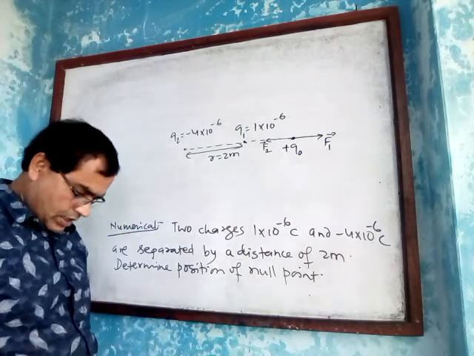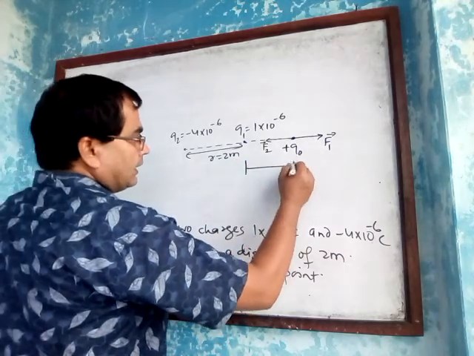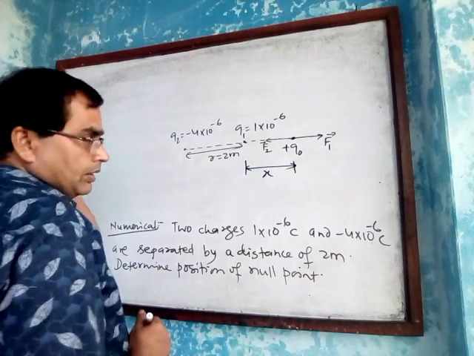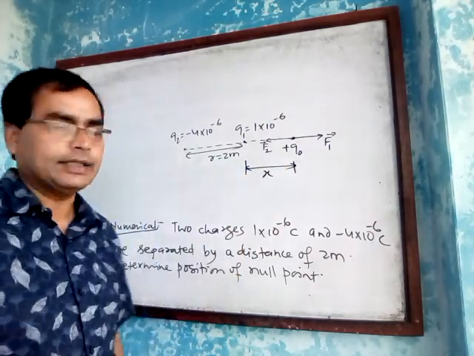So suppose this is the distance x from the Q1 charge where the null point lies.